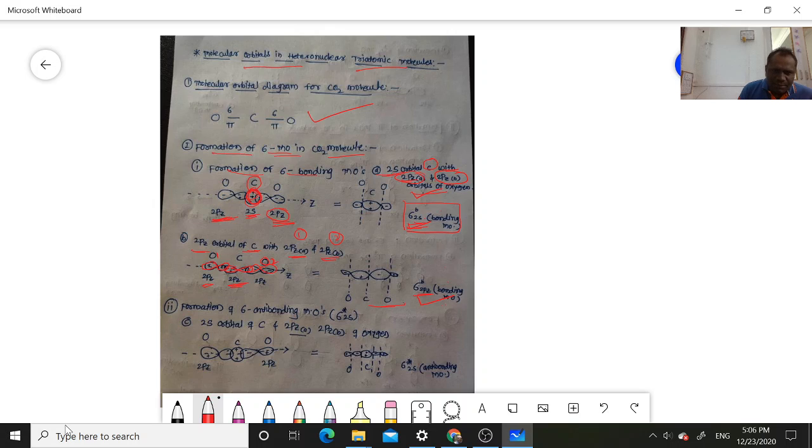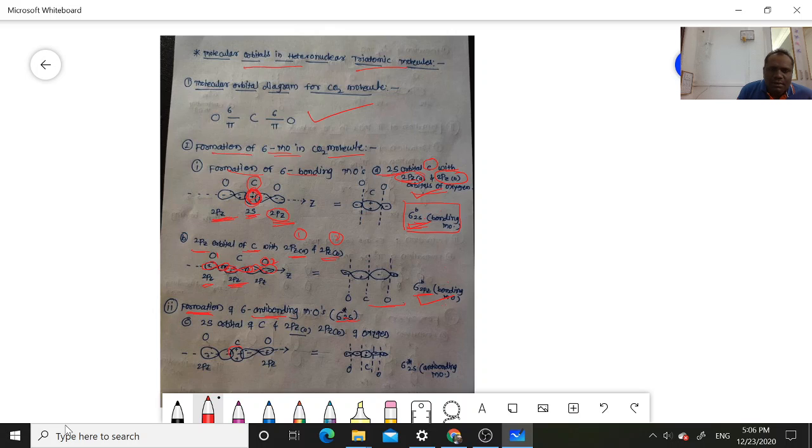Now the next type of bonding present in the CO2 molecule is the sigma antibonding molecular orbital. We know that the number of atomic orbitals taking part in the bonding is equal to the number of molecular orbitals formed, right?